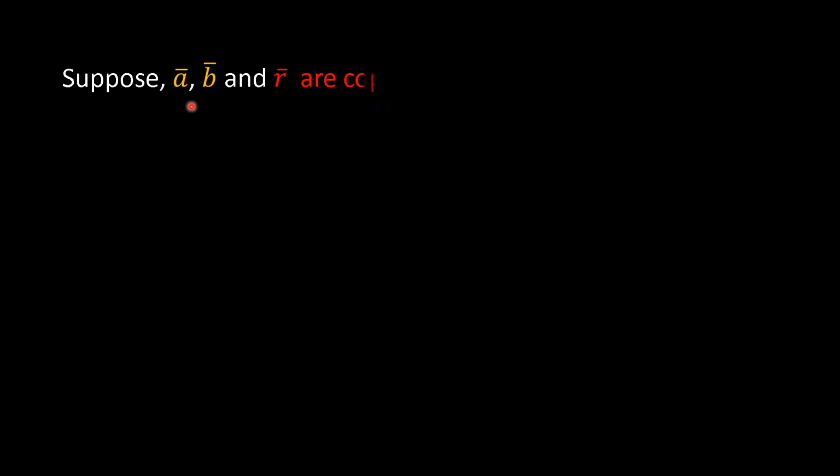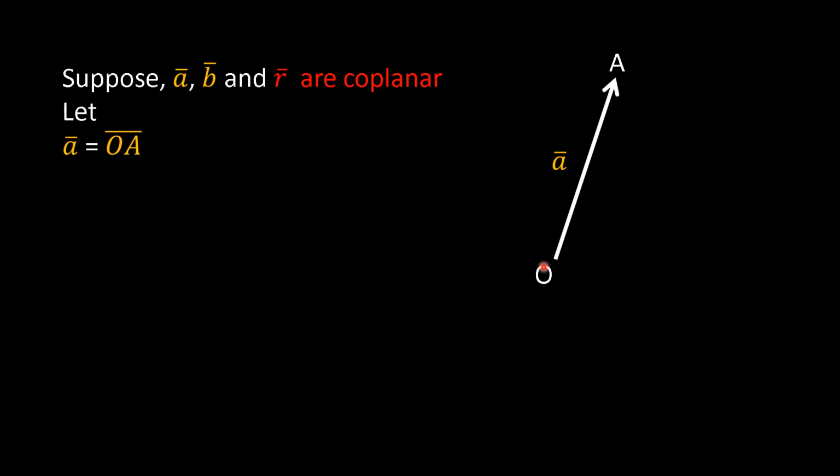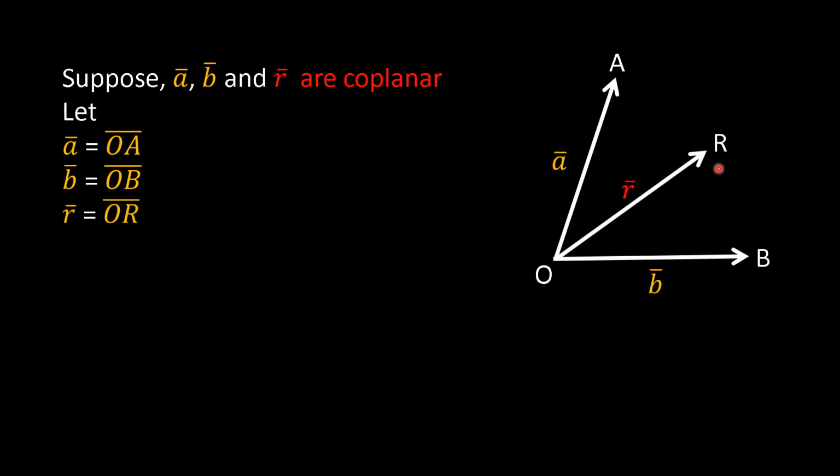Suppose a bar, b bar and r bar are coplanar vectors, and let a bar equals OA bar, b bar equals OB bar, and r bar equals OR bar. These are coplanar vectors.